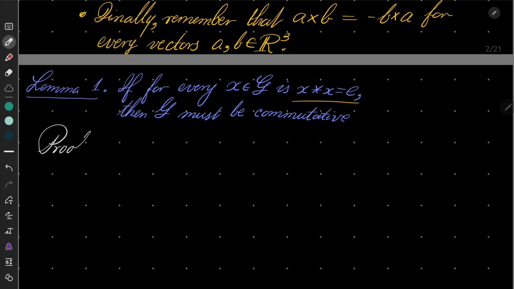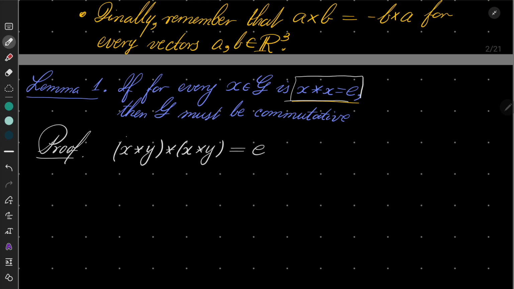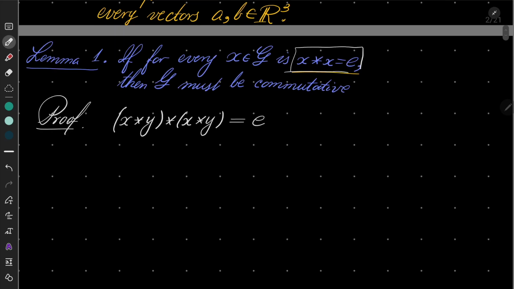It's a rather simple proof. Since this condition is satisfied for every element, (x star y) star (x star y) should be the neutral element for every x and y. Okay, but now I know that my operation is associative, so I can put parentheses in a different order.